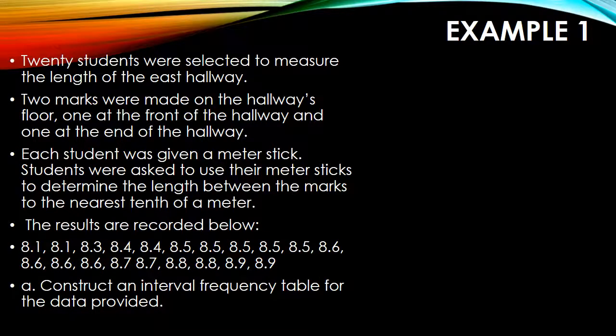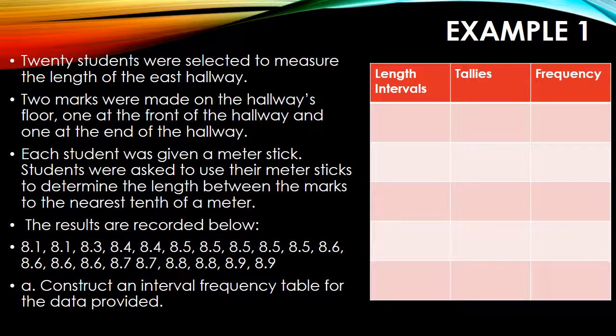An interval frequency table is just a frequency table, but instead of the data points in the first column, we put intervals that include specific data points. Then the second column, which is optional, is the tallies, and the last one is for the frequency. So let's try and find out how we're going to do this interval frequency table.